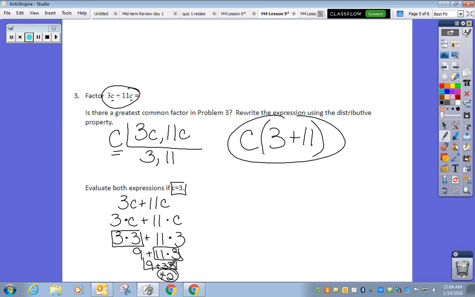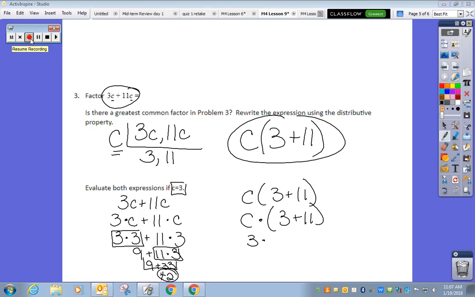Now I should get the same response over here. So I have C times 3 plus 11. I'm going to expand it, C times 3 plus 11. I'm going to replace the C with 3. Then I will do my parentheses first.